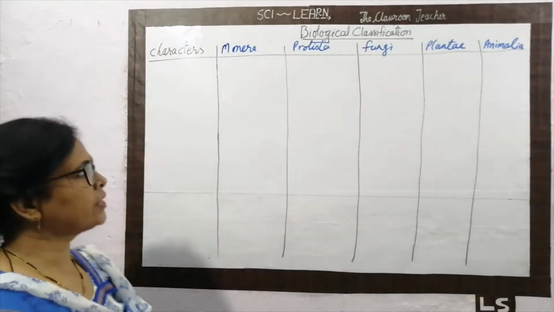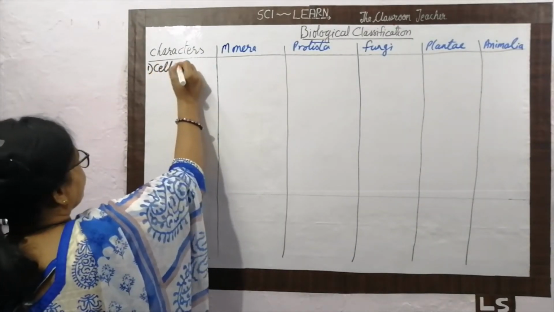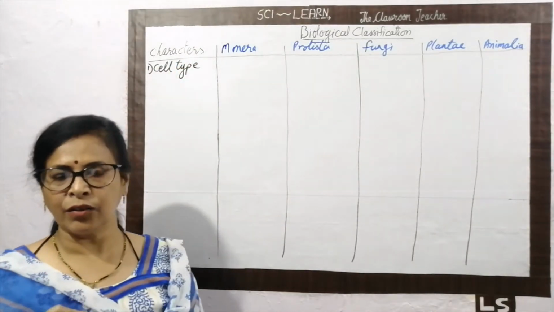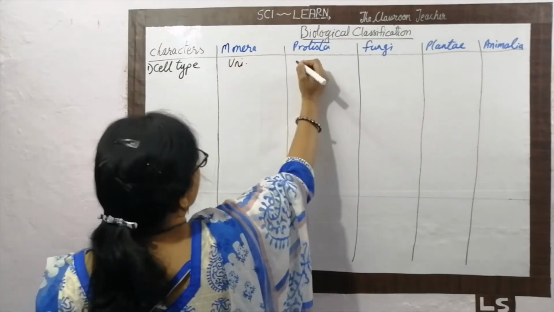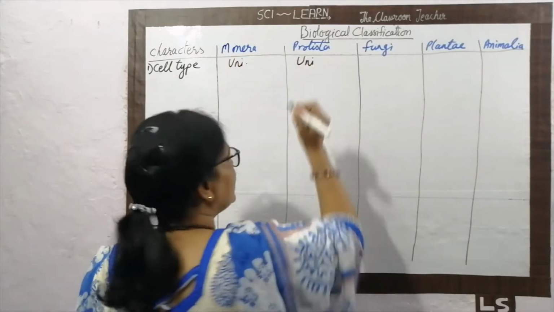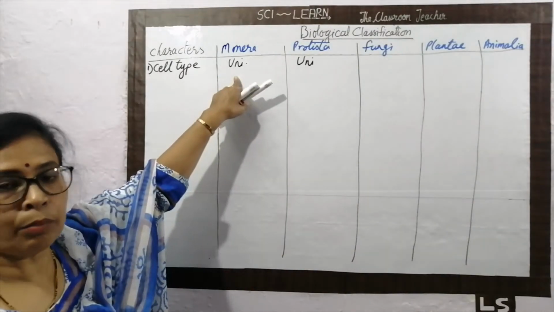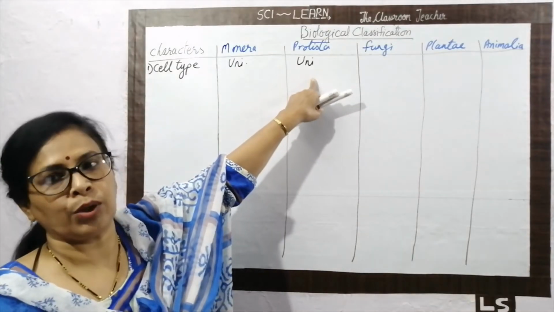Now the first character that we are going to choose is the cell type. What type of cell is present? We know that in Monera, unicellular prokaryotes are there. In Protista, unicellular eukaryotes are there.